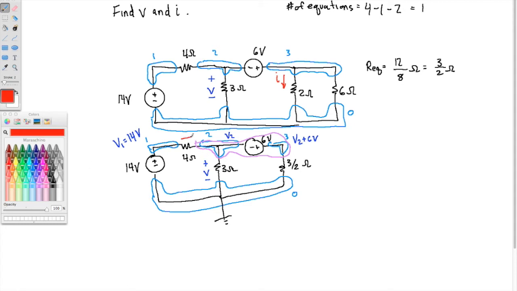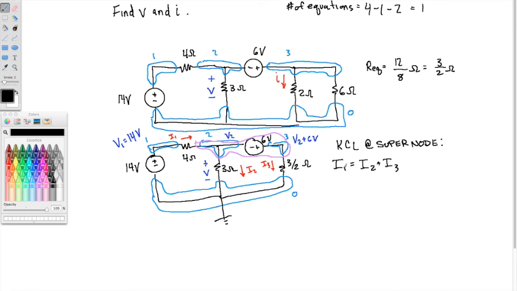Alright, we'll label the currents I1, I2, I3. And we'll do KCL at the supernode. Alright, so I've got I1 entering, and I2 and I3 leaving.